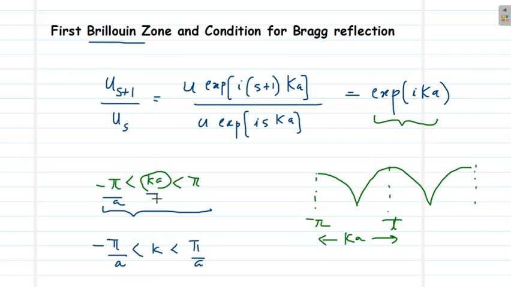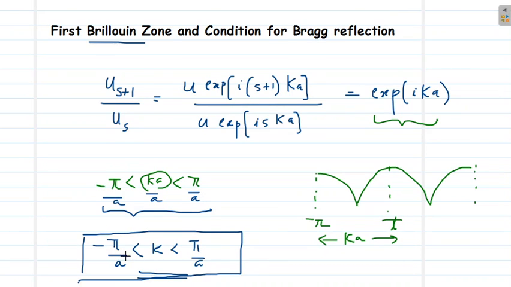Dividing throughout by a, the wave vector values which give independent values of exponential iKa, or the relative displacement, are obtained when the wave vector varies from minus pi by a to plus pi by a, and this range of wave vector values constitutes the first Brillouin zone of this crystal lattice.